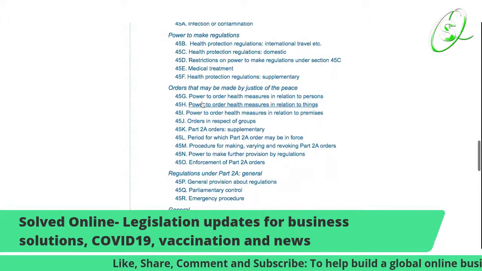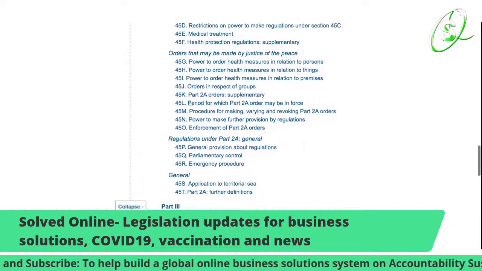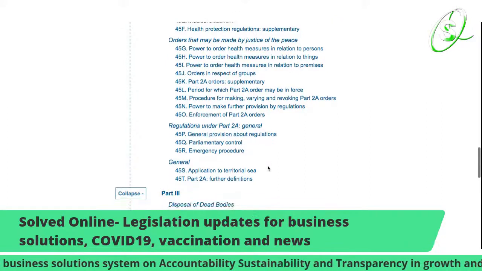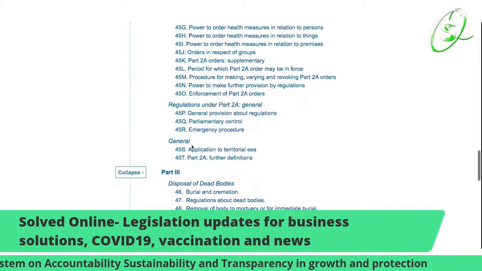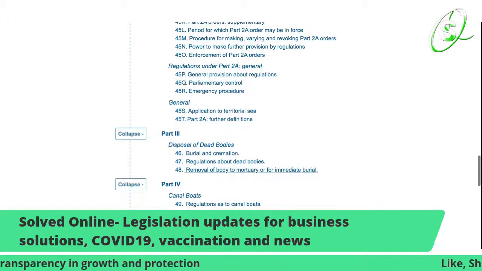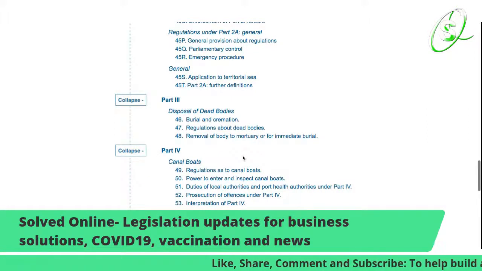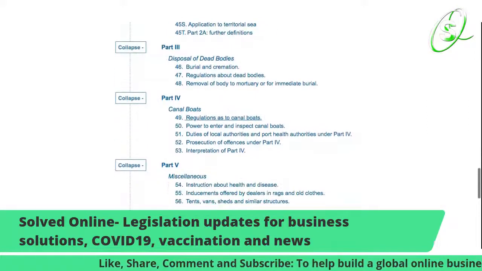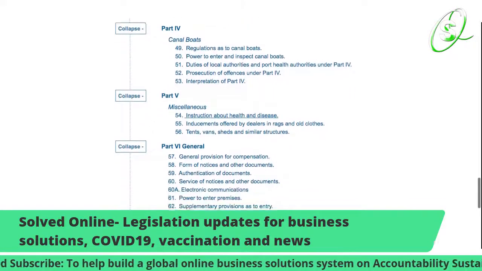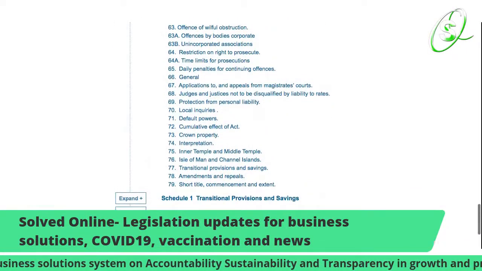Orders that may be made by justice of the peace. Also regulation under Part 2A, general, and we have Part 3, disposal of dead bodies, and Part 4, canal boats, and Part 5, miscellaneous, Part 6, general, and really that's what it is.